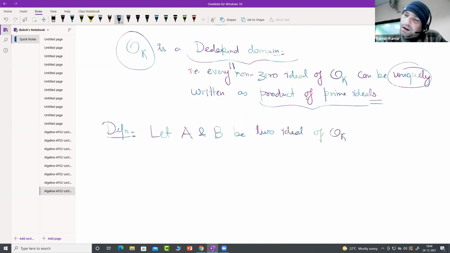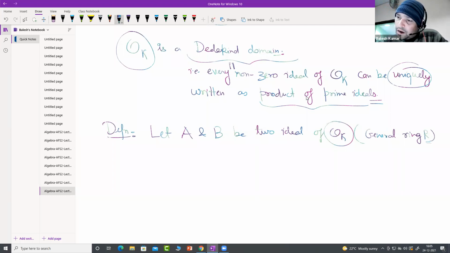In fact, this product of ideals can be defined for a general ring R, but in order not to deviate much, we will only focus on the ring of algebraic integers.